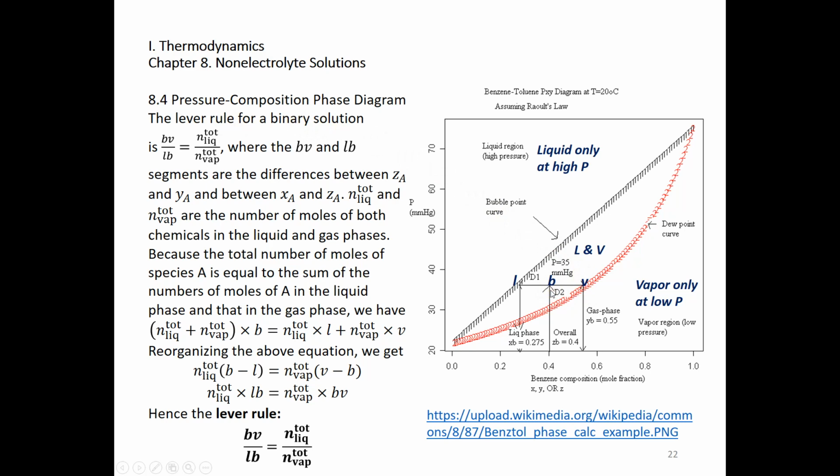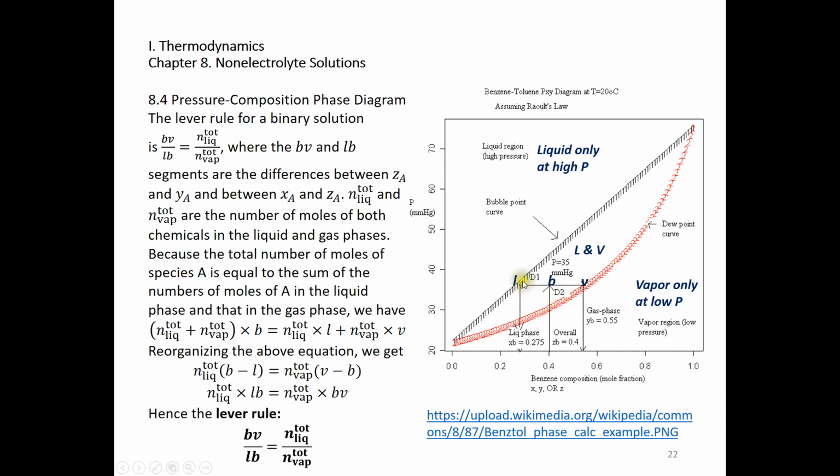So now you can see this BV over LB is liquid over gas phase. If you have a much longer BV than LB, that means you have more amount in the liquid phase than in the gas phase. So what if this B is really close to L? Let's say B goes here.